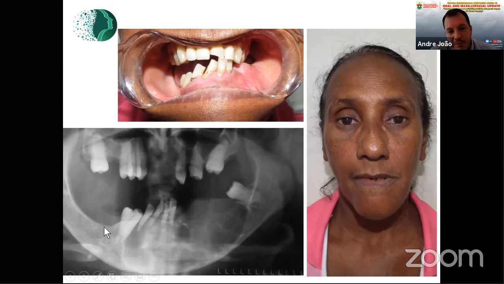If I would perform radical surgery, I would take bone probably in this region here. I'm going to cut the bone here, cut the bone here. All the anterior region, you're going to end up with a huge defect. And I would think, is the patient better or not?